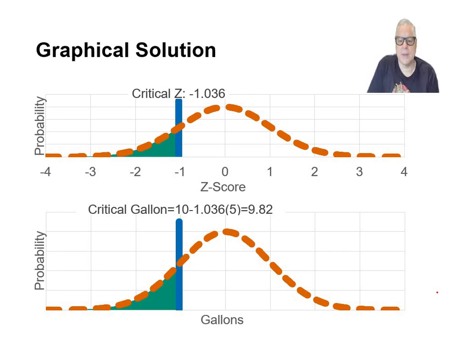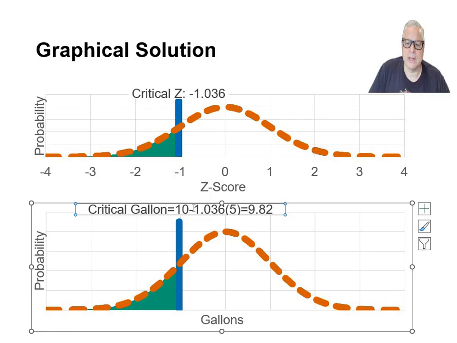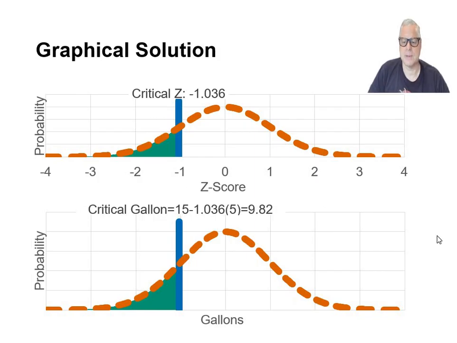We can then convert that into our critical value, but I can see there's a typo here. It should be the mean, which is 15, not 10, but now it's correct. Then we subtract from the mean of 15, which is underneath the 0, and the blue vertical bar in the lower panel is our critical value of 9.82.